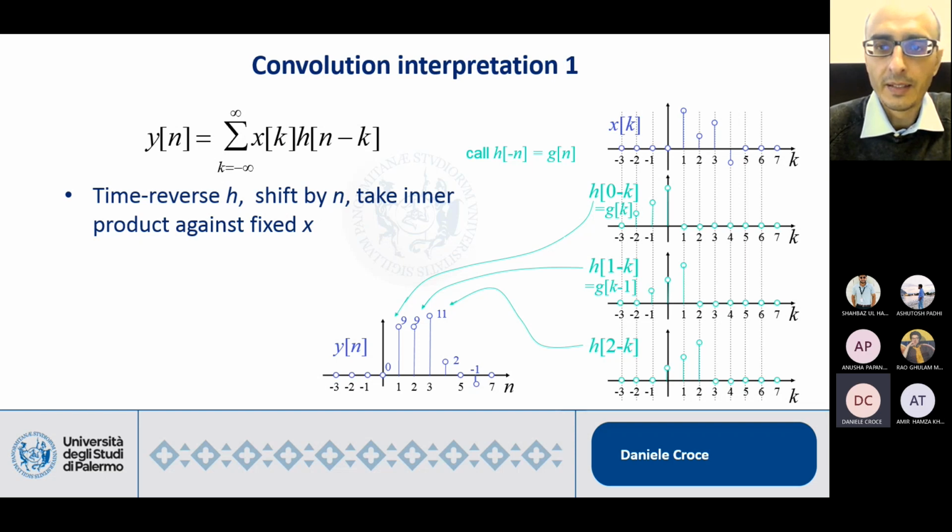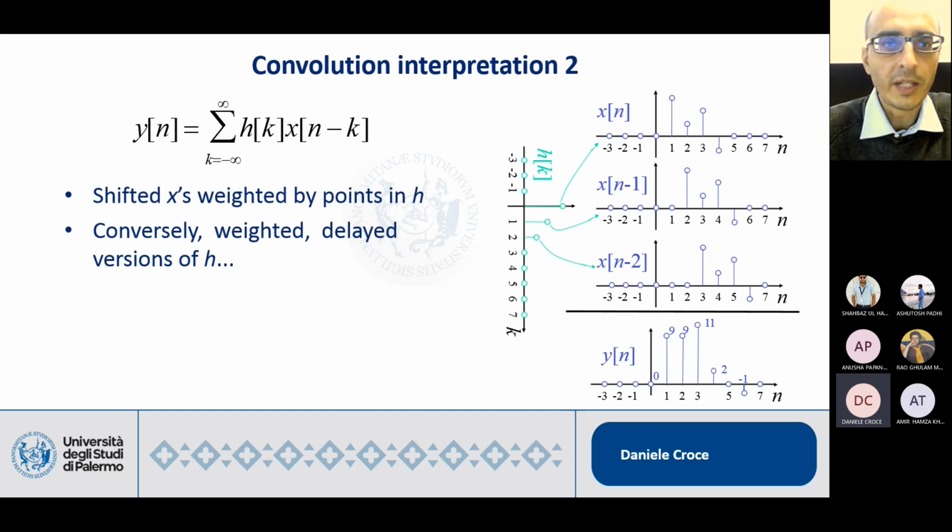Now, the second interpretation of the convolution is that you are weighting the points of x by h, okay? So you're shifting x, and all of these points are weighted by h.